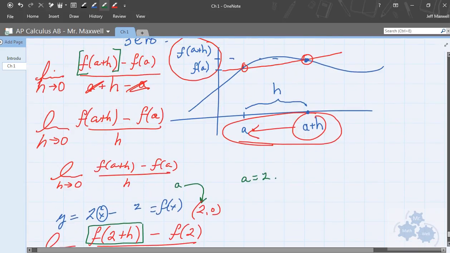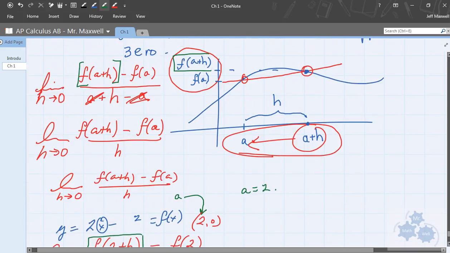Let's go back to the diagram. f of a plus h is my y value for the second point. The coordinates of this point are a plus h and f of a plus h. I need to take this point and find the slope. This is a and f of a.